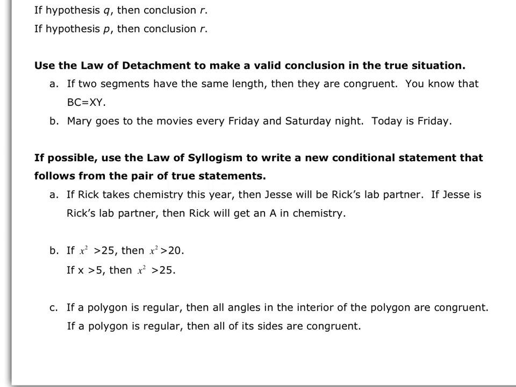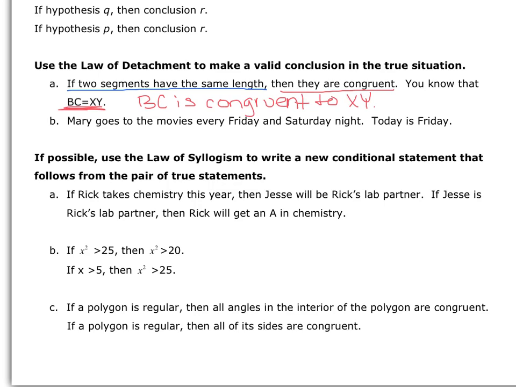So we know they have the same length because BC equals XY. Therefore, BC is congruent to XY. That's our conclusion.